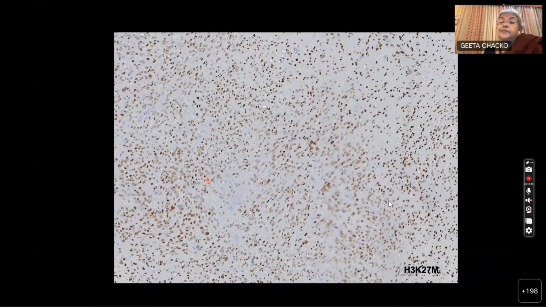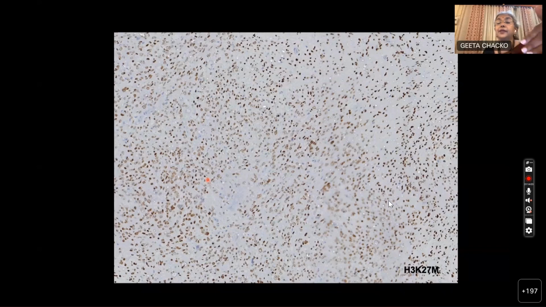We can do, if we have to differentiate it from oligo, because there are some oligo-like cells in it, we can do IDH. Actually, this is a very specific marker that tells you that it has the H3K27 mutation. So now you really don't need to prove anything else.